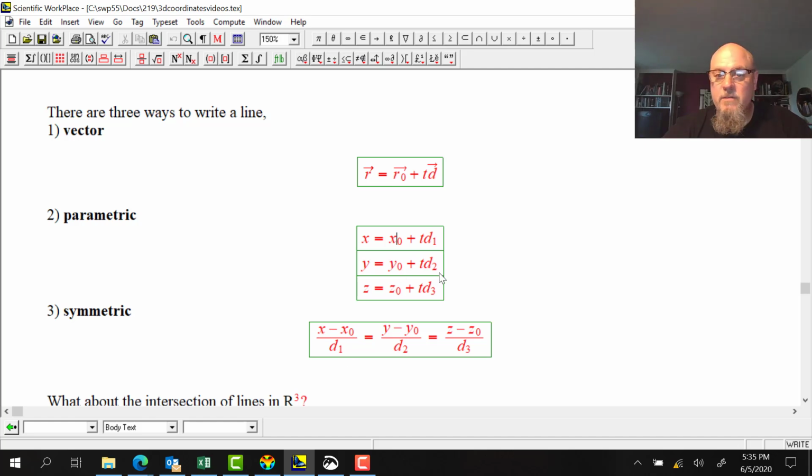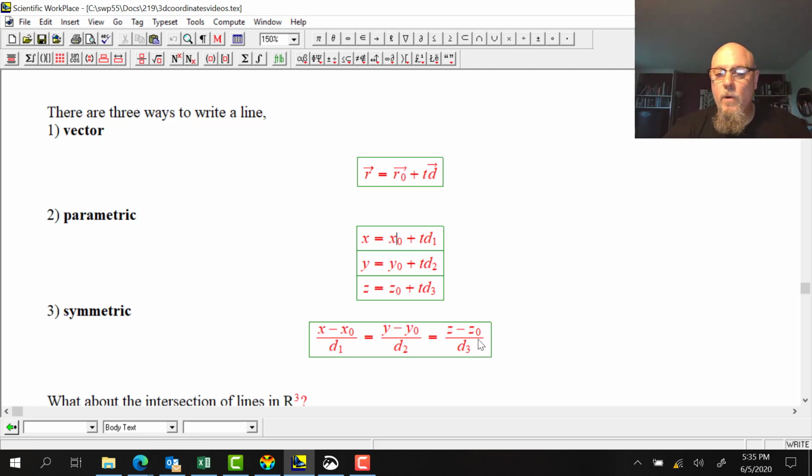If I solve each one of these equations for t, then they're all equal to t, so here I set them all equal to each other. It's like I eliminated that t parameter. I can still see the two pieces of information though for the line. If I write an equation like this, I can still read off the x naught, y naught, z naught as the point, and the denominators, the d1, d2, d3 as the vector.